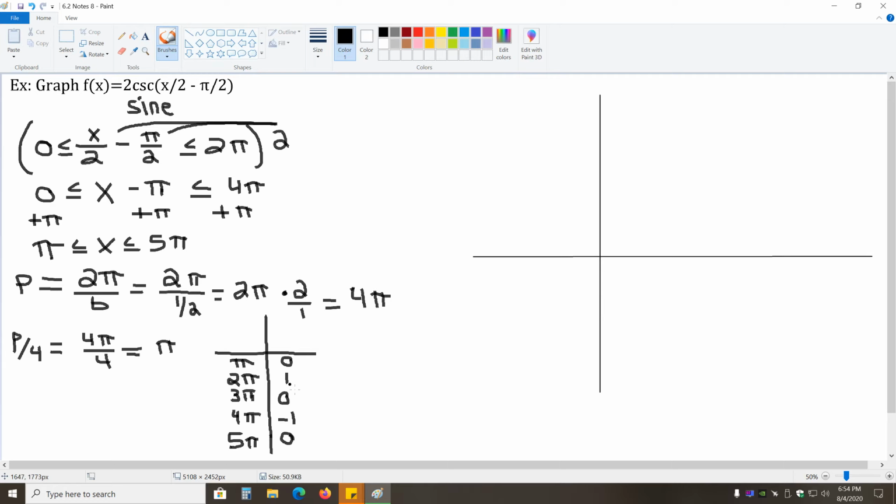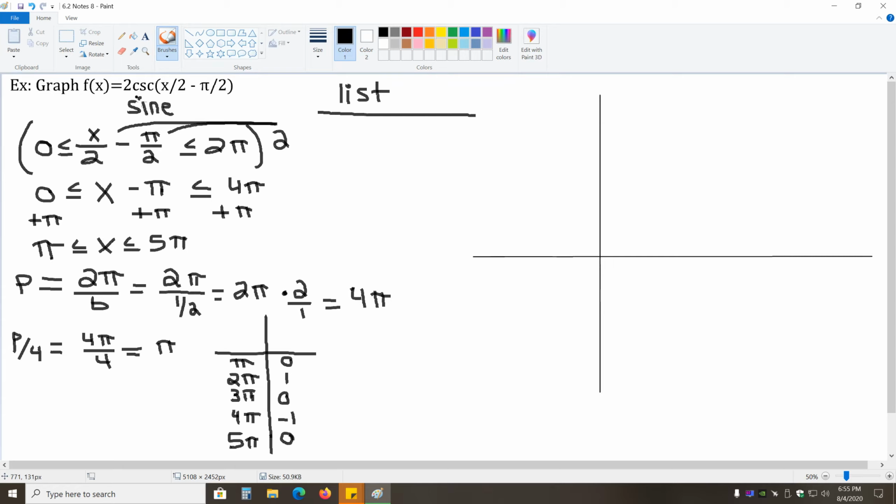As long as we remember these values, our quadrantal angle values, we can immediately get the initial sketch of sine. From here, we're going to list off our transformations and begin graphing. We only need to worry about the vertical transformations. Remember, this process takes care of all the horizontal transformations.